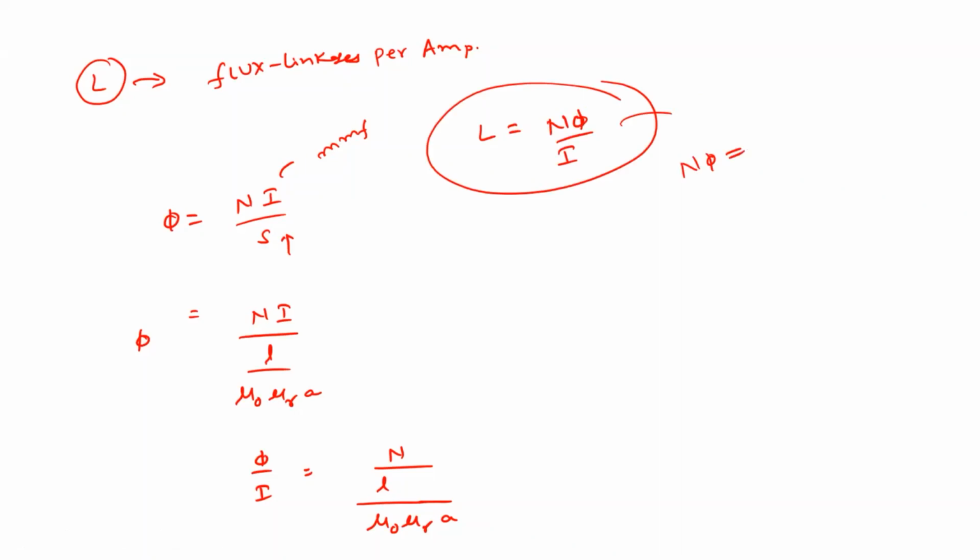The total flux linked with the coils, known as flux linkages, normally denoted with lambda. So N phi is the flux linked to N number of coils, which is why it is known as flux linkages. So L equals lambda by I, in other words, N phi by I.